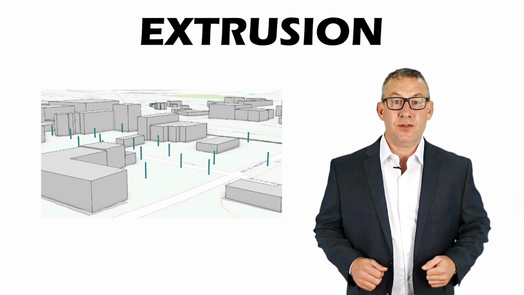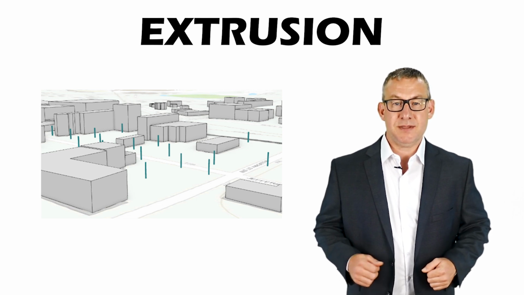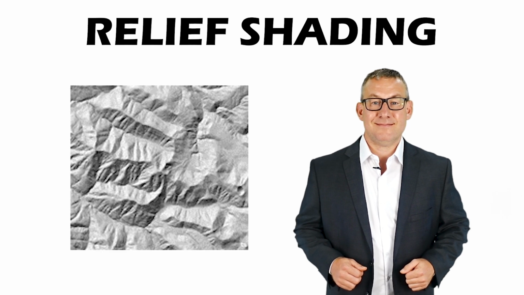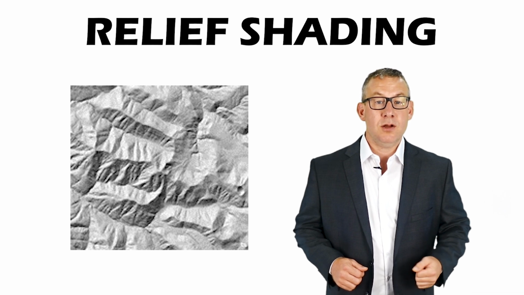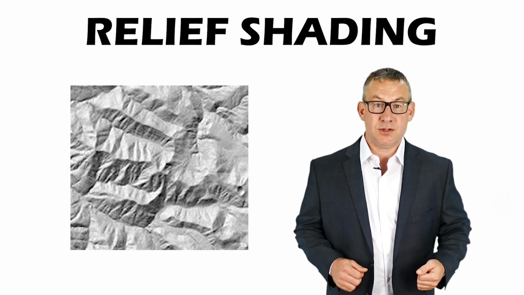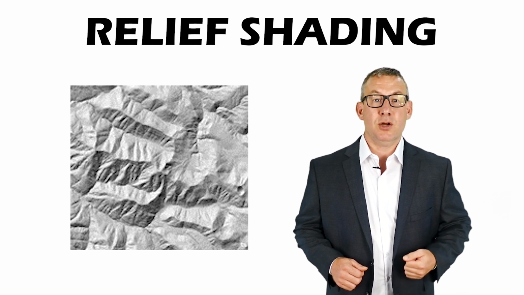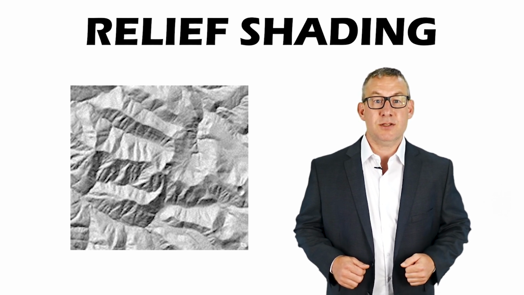Extrusion is creating 3D shapes out of 2D shapes. Relief shading. Relief shading uses variations in shades of gray, or dark and light contrasts, that provide a 3D effect by assigning grayscale values representing surface reflectance of sunlight.